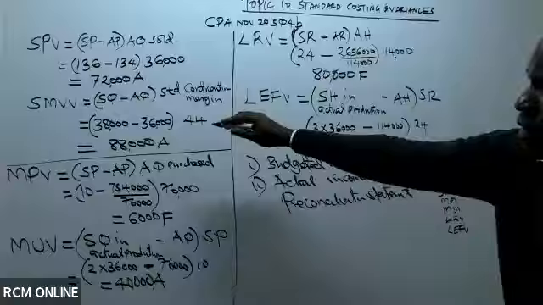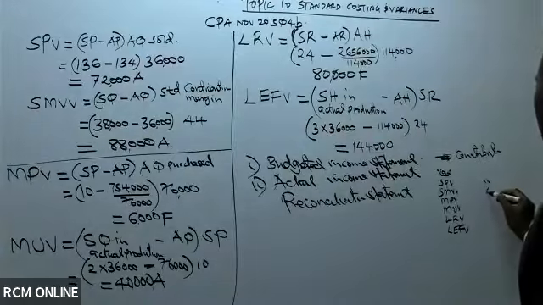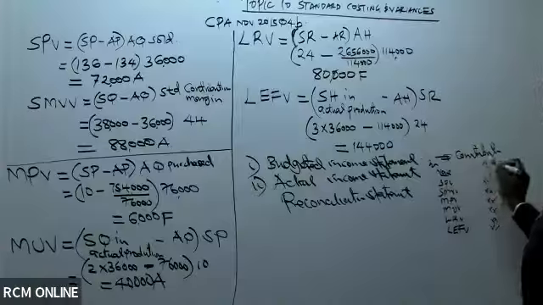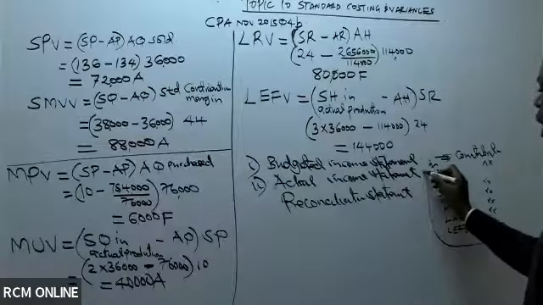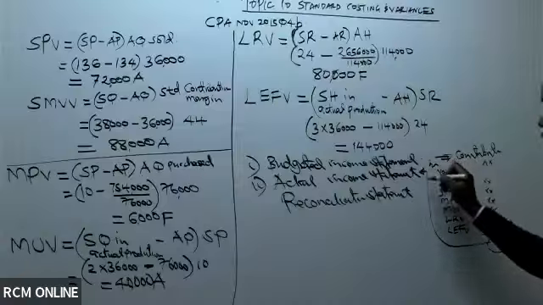You copy these and put them here, and of course, you add budgeted contribution. So when you add all of that, whatever you are getting here must be equal to your actual contribution.